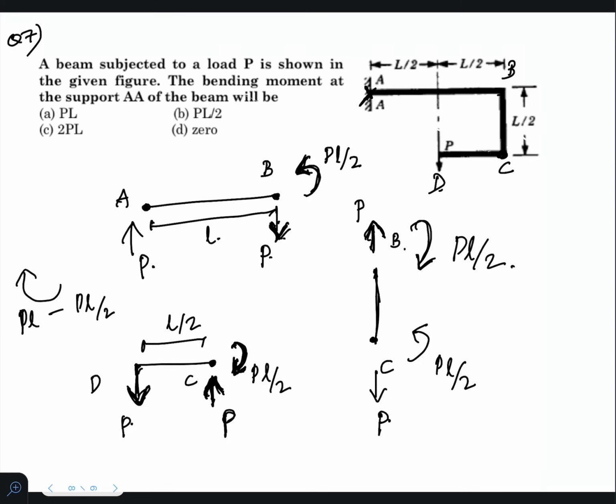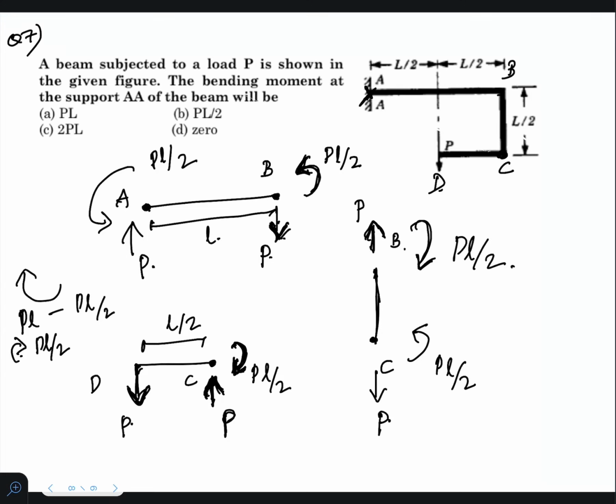So this much load is acting, so that is to be restricted at this A, because A is a fixed support. So PL minus PL by 2 means PL by 2 in the clockwise direction. So that has to be restricted at A point. That much moment is developed here, that has to be restricted. So there should be an anti-clockwise moment of PL by 2 at A point.